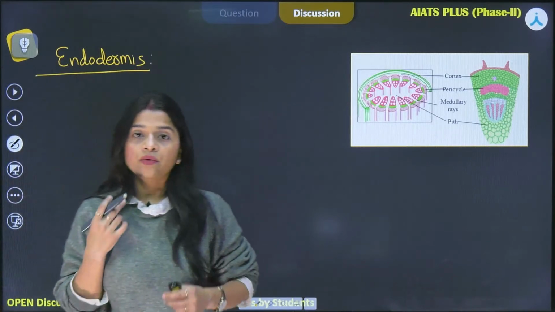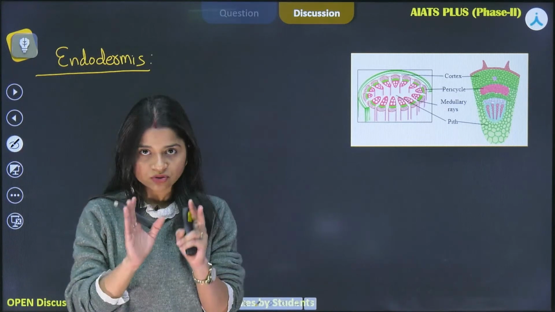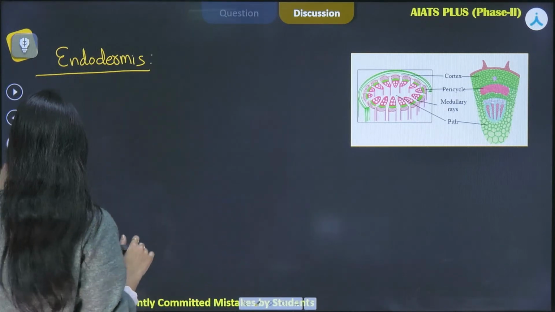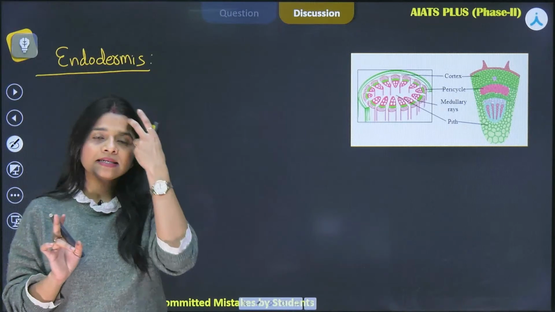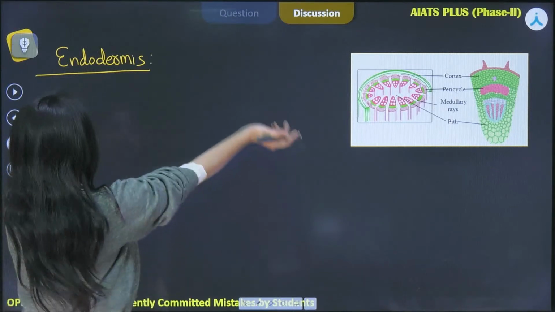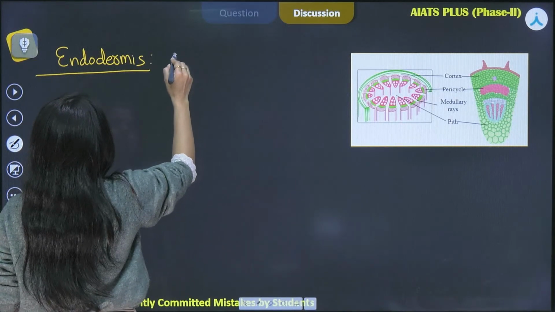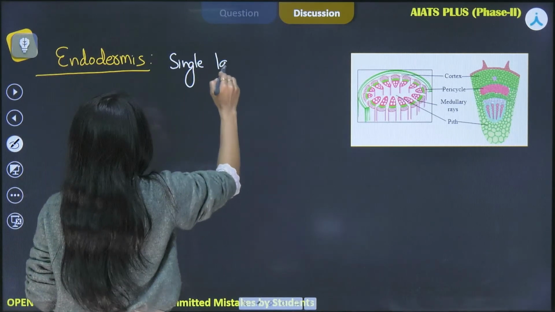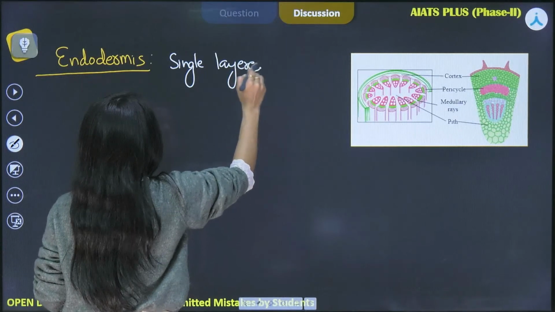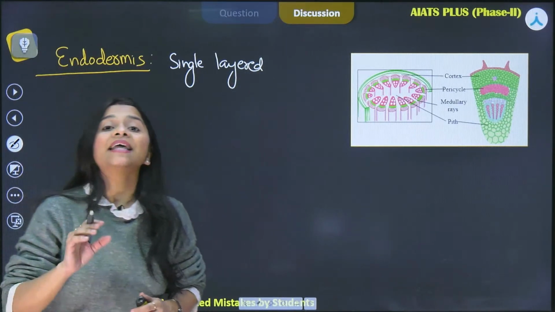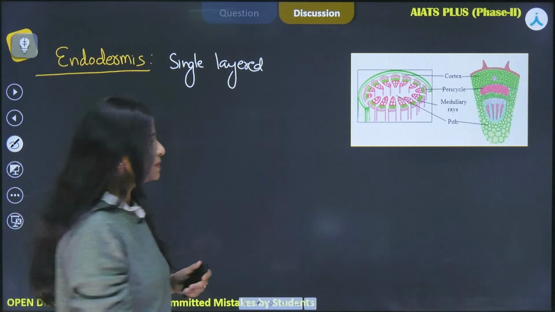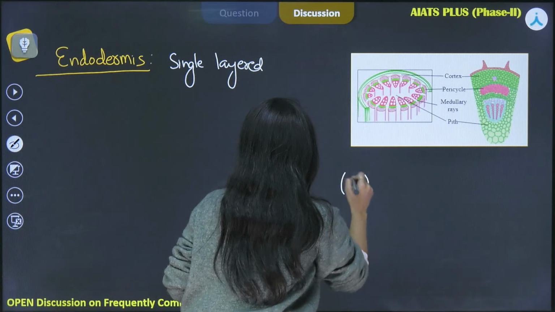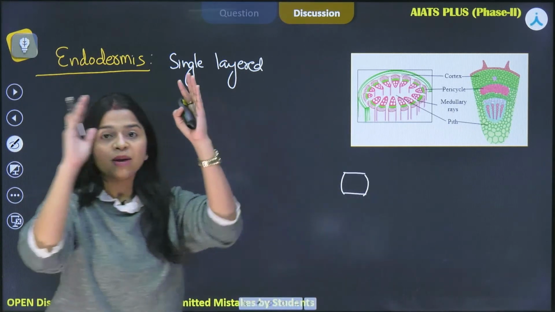Now, the very important features that you have to keep in mind with respect to endodermis are, first of all, it is single layered. It is made up of barrel shaped cells. What are barrel shaped cells? They are somewhat like this, in the shape of a barrel.